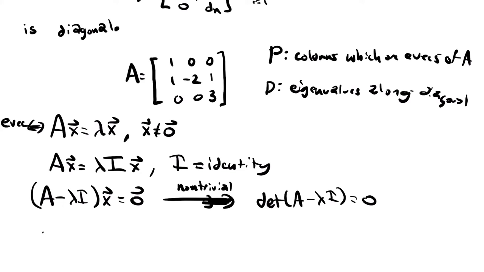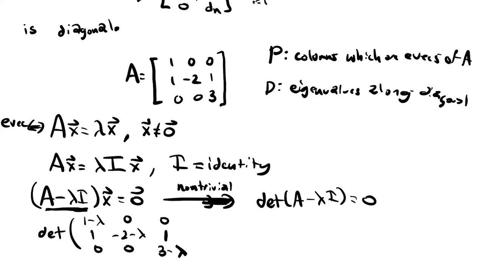So let's compute that determinant. A minus lambda I just looks like this. If you don't follow this algebra, just remember this is what A minus lambda I looks like. You can pause the video here if you need the algebra to go a little bit slower. Notice for this matrix, these two entries are 0.